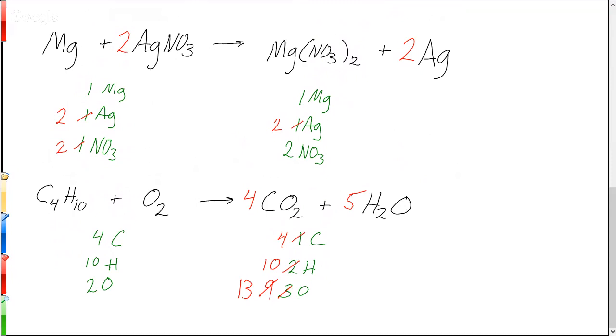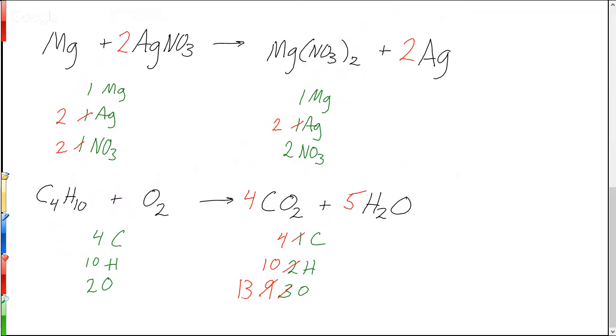Then add the 5 from the 5 waters, that's 13. Is there anything we can put in front of O2 to make 13? Not really. Could you do 6.5? No, it's got to be whole numbers. If you put a 6 in front of the O2, you've got 12, but if you put a 7, you've got 14.